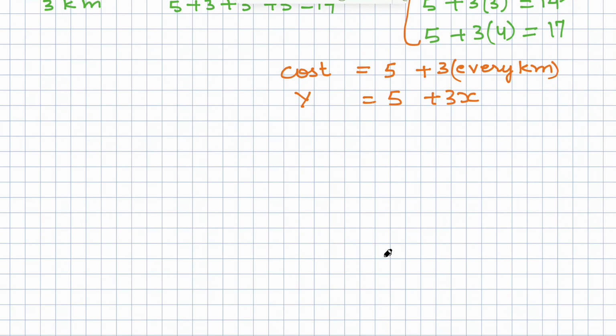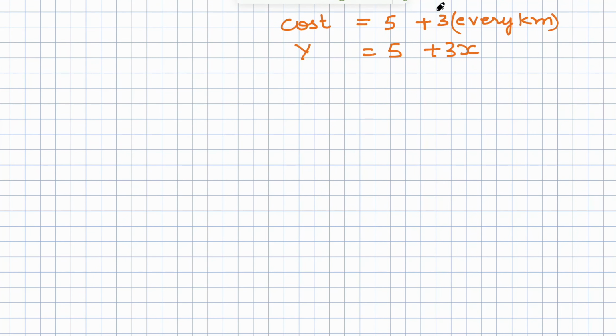It is following a pattern that every time she travels, she has to pay $3, or y is actually f of x, function of x, because it is an output which depends upon this input, that how much she is going to travel, right?